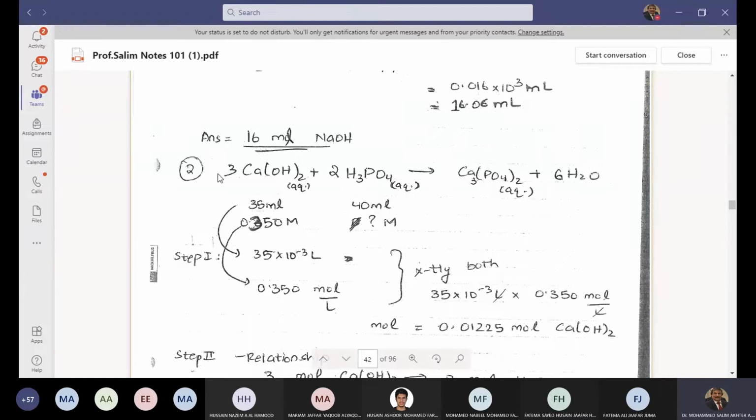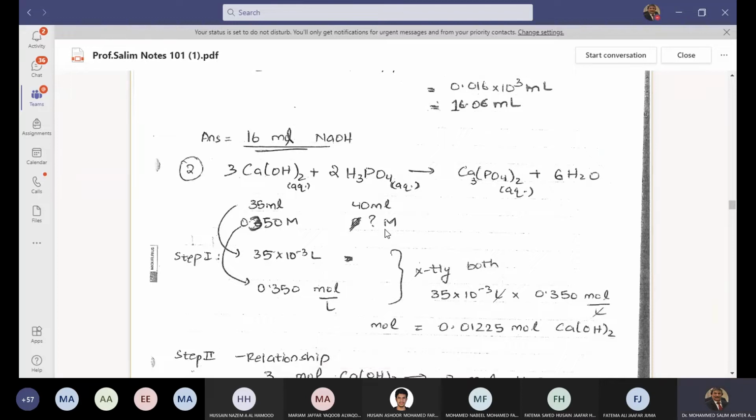Second example: 3 calcium hydroxide plus 2 phosphoric acid gives calcium phosphate and 6 water. In this example, 35 ml, 0.350, and 40 ml, and I want to know the molarity.